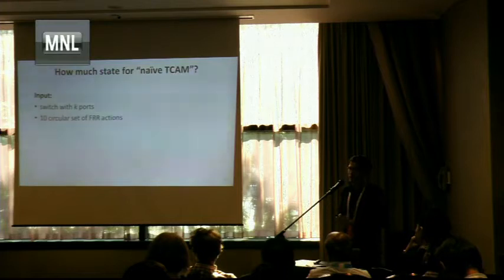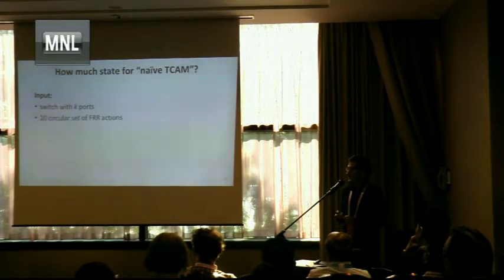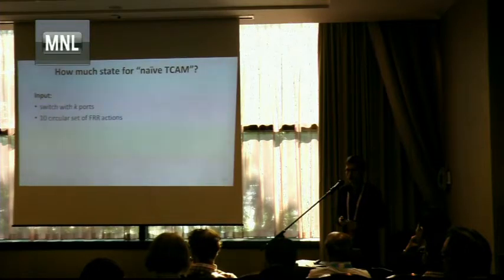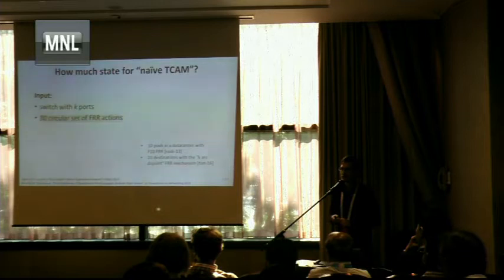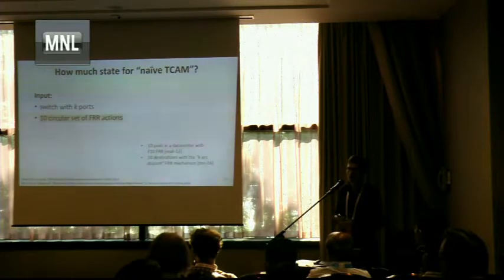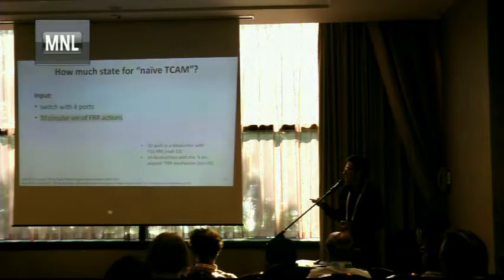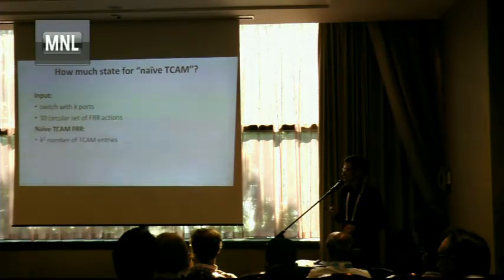So we investigated how much space we need to implement this fast reroute action in practice. We consider as input a switch with k ports, and we consider a circular set of fast reroute actions. This has been used in several fast reroute mechanisms that are robust to multiple failures, such as F10 for data center networks and k-arc disjoint spanning trees.